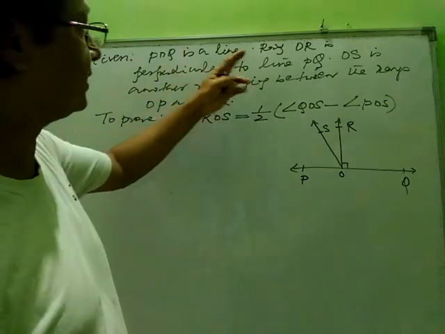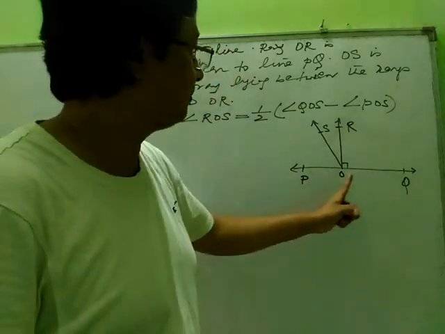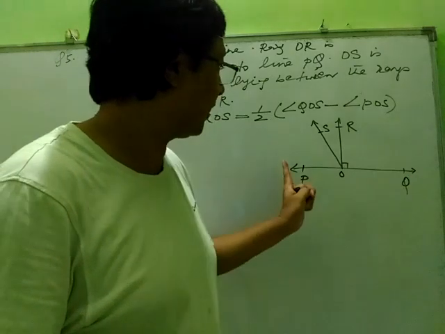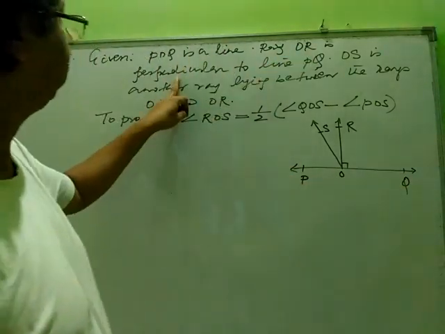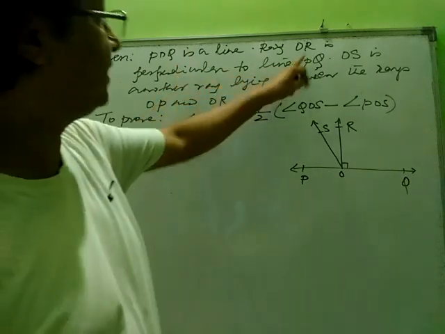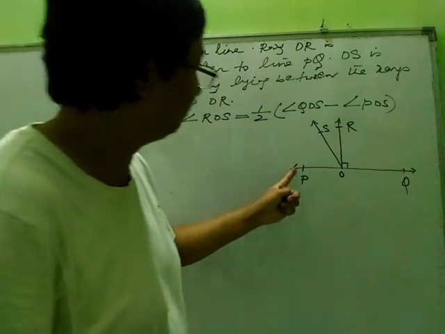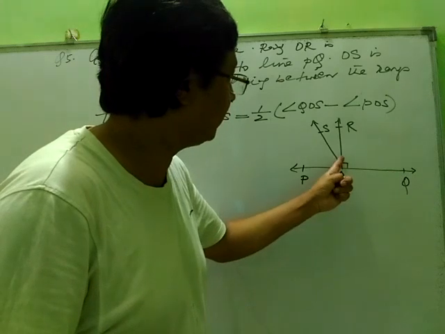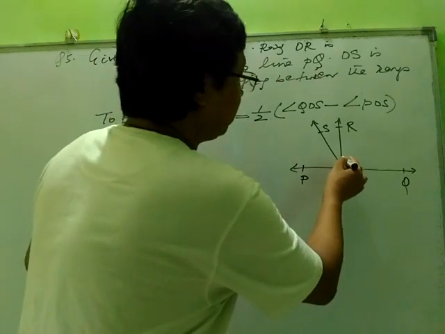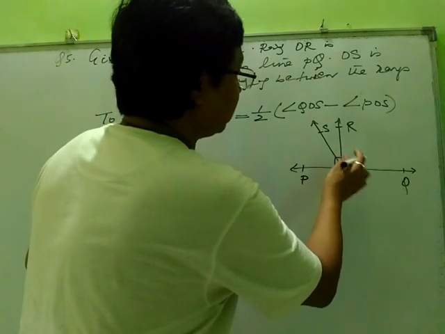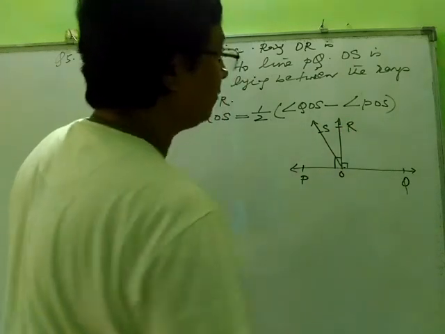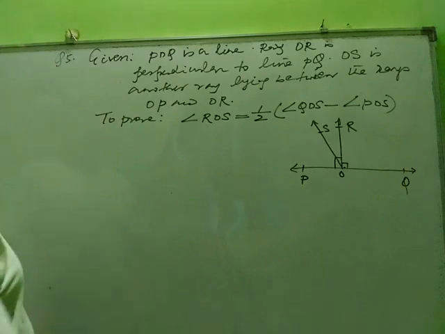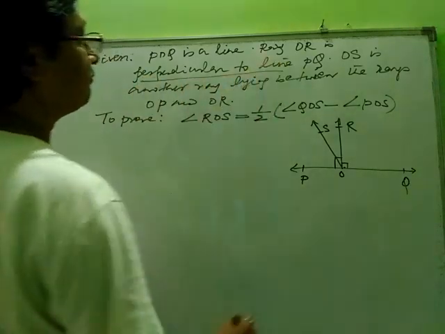So POQ is a line. Line means it should have 2 arrows at both ends. Then ray OR is perpendicular to line PQ. So this part will be 90 degrees. Both the parts, perpendicular means all this part will be 90 degrees. So POR and ROQ are now 90 degrees each.